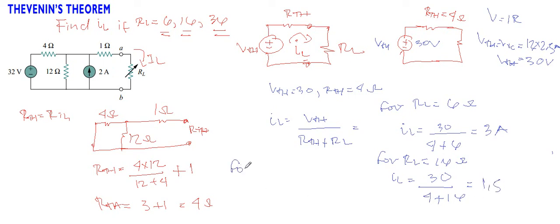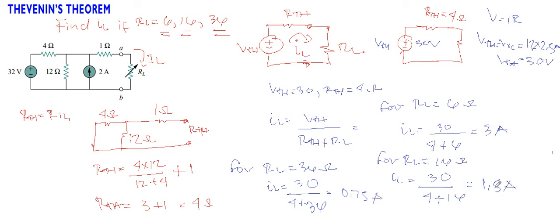And for RL equal to 36 ohms, our IL is 30 over 4 plus 36, which is 30 over 40, so we have 0.75 ampere.